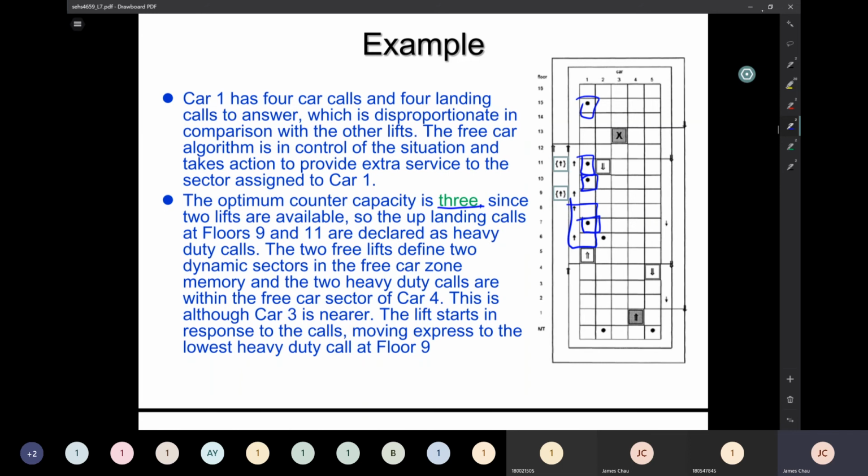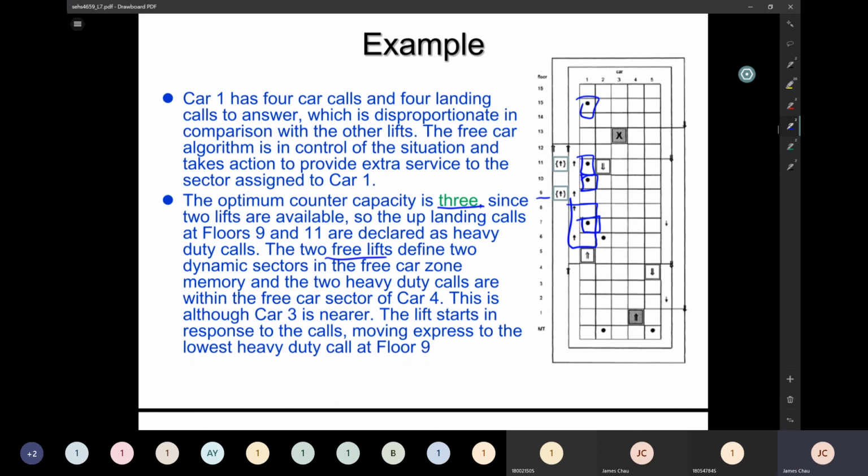So 9, 10, 11 may become heavy duty calls. Therefore, the other 2 free lifts in the 2 other dynamic sectors may be assigned to the car calls for floors 9 and 11 because they are free lifts.